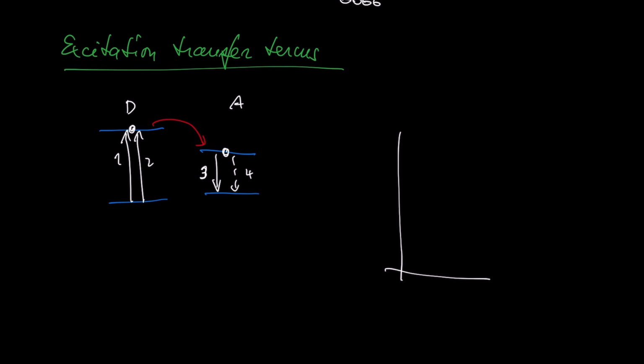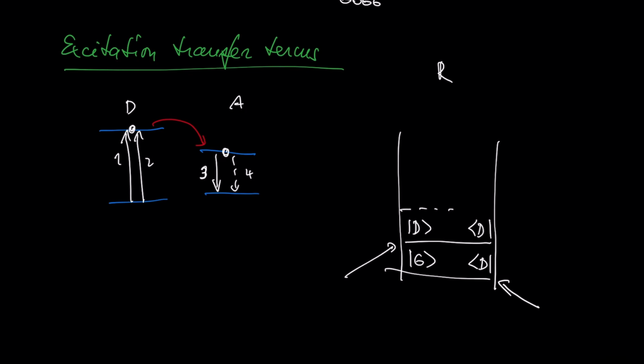So for instance, let's have a look at the rephasing pathway here, starting on the D. So it has to be from the right hand side. We have to get to the D completely. Now we have energy transfer to A, and now we have to end it up like a rephasing pathway.